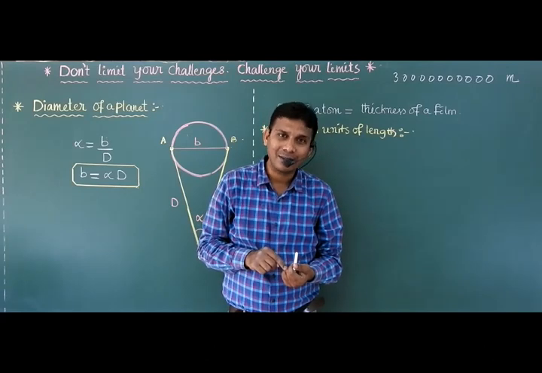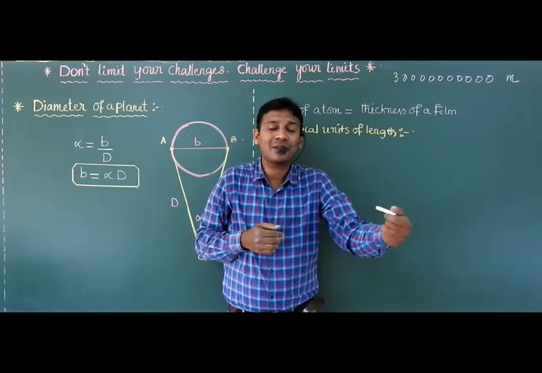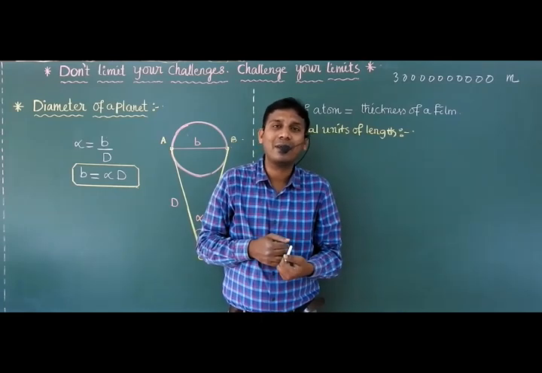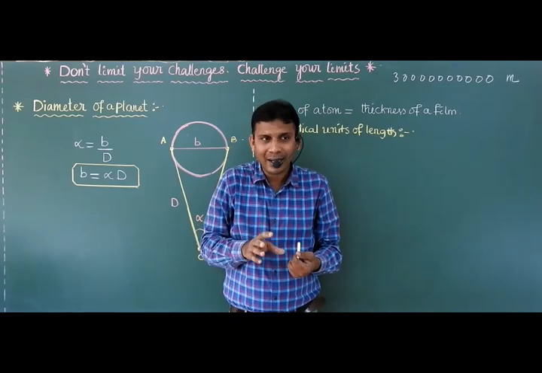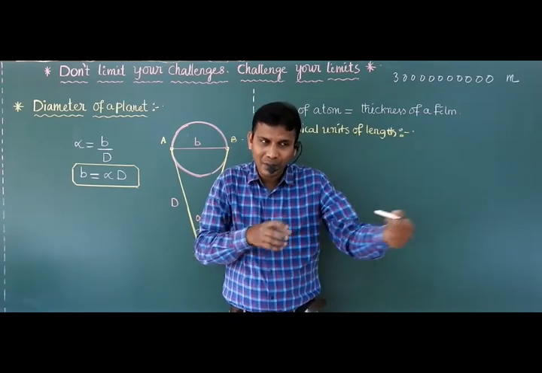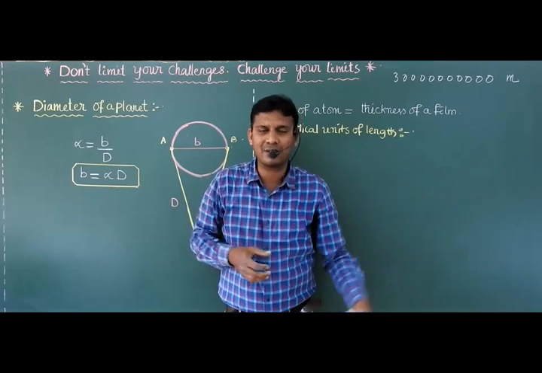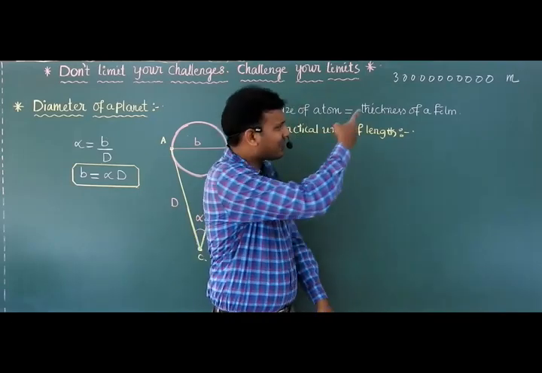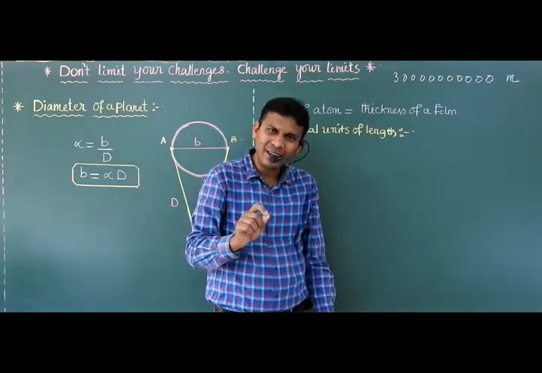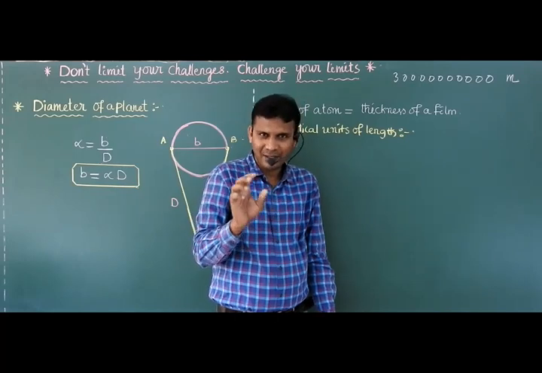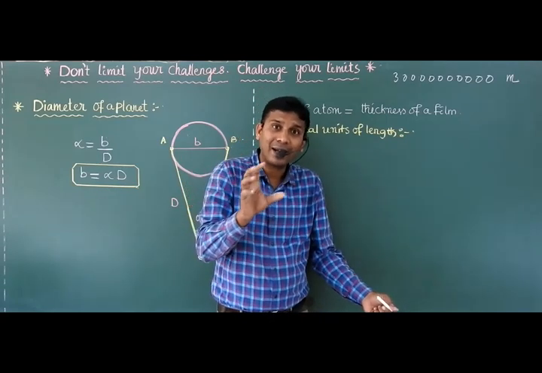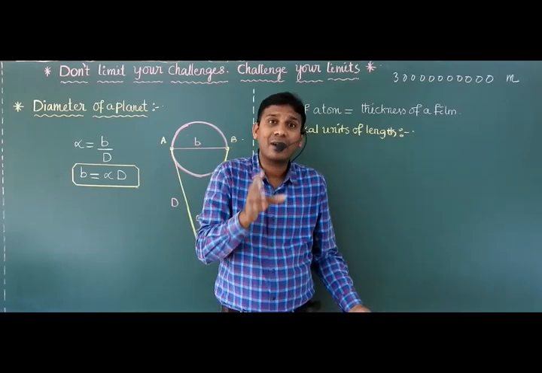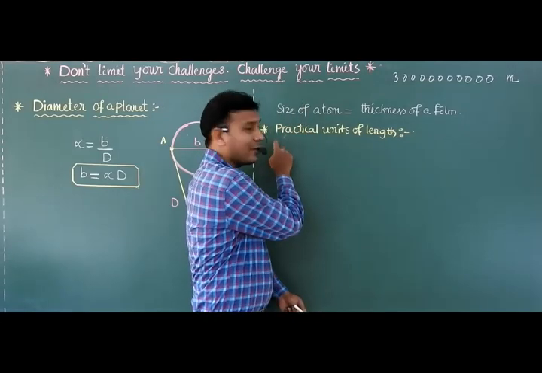To measure the distance between Delhi and Hubli, meter is not a convenient unit to represent large distances. We can represent it like this, but while writing, we feel it is a bigger value. Then under that situation, we introduce practical units.